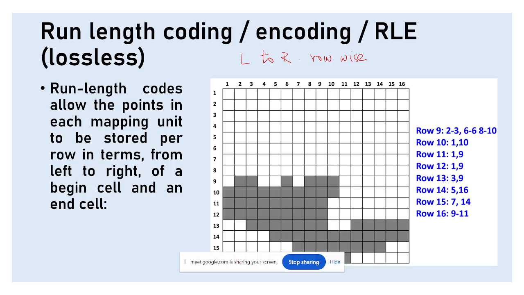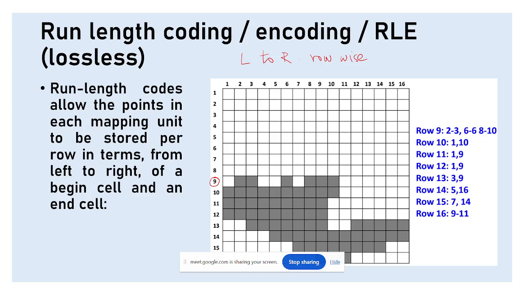Here, if you take the example of row 9, in row 9 the first cell is white, so we are not considering that because we are looking at the dark area.